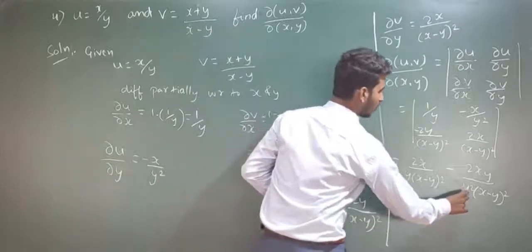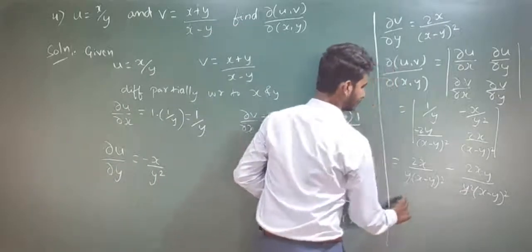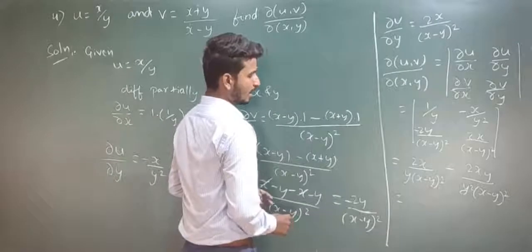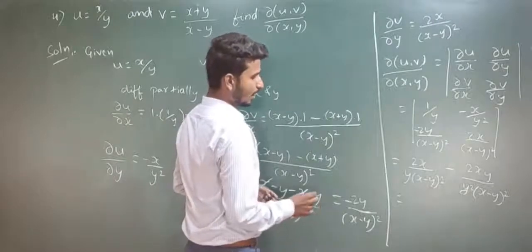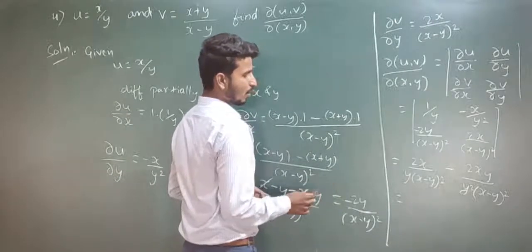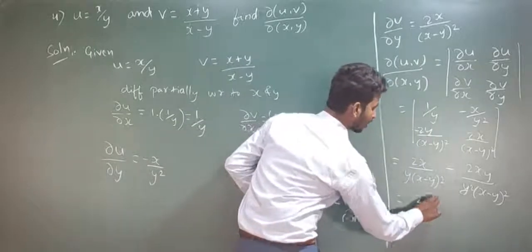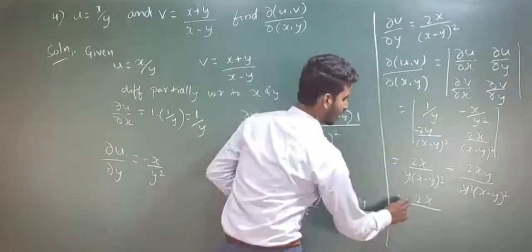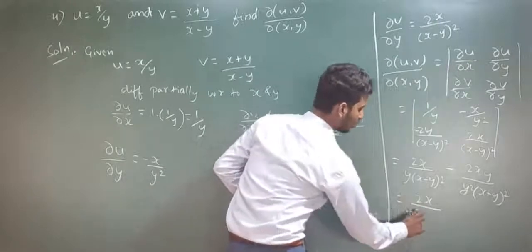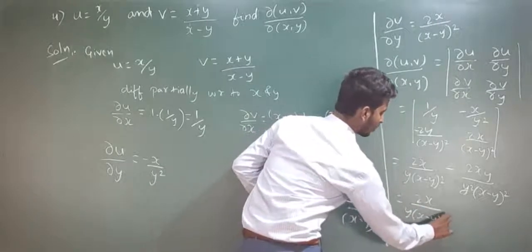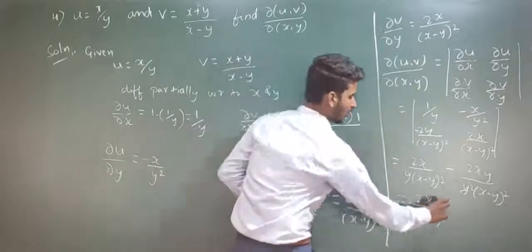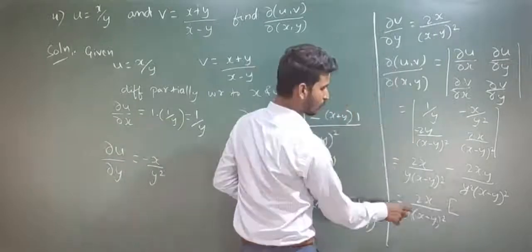So next what we have to do here, we can take 2x divided by y into x minus y whole square common.